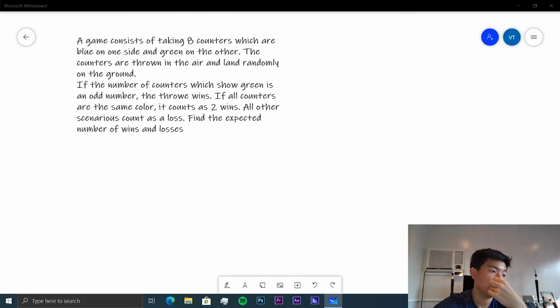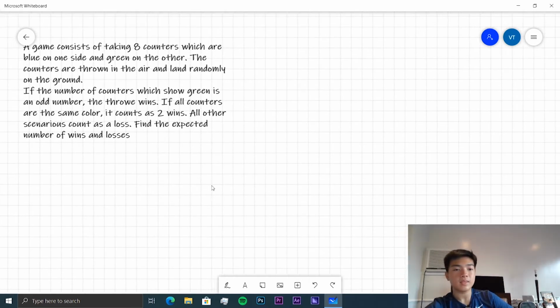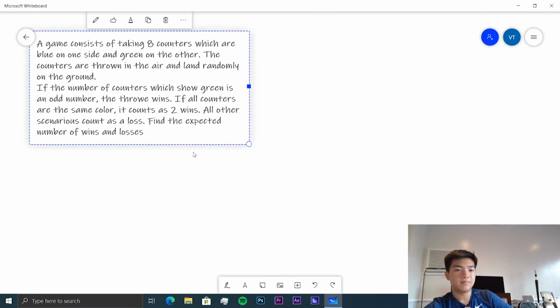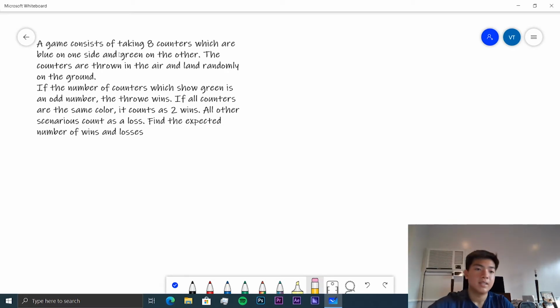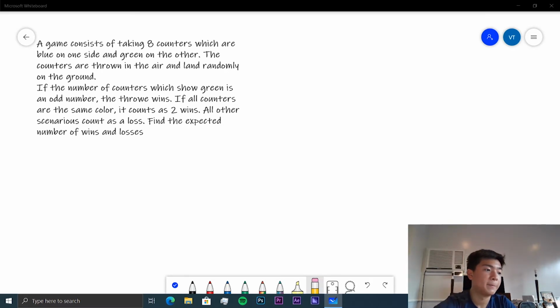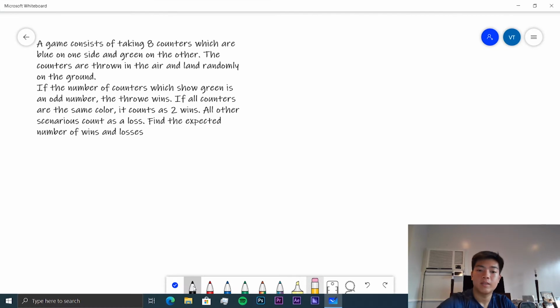Okay. So 8 counters, 2 to the power of 8, 256. If they are thrown in the air and land randomly, then there's a 1/2 chance that the person will win. Actually, there's not a 1/2 chance.